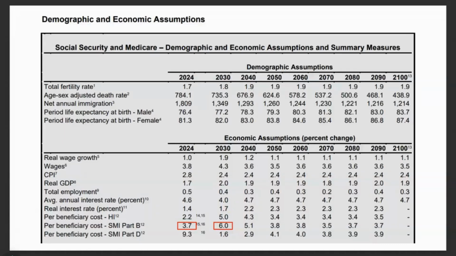Similarly, we saw a big jump in 2024 in drug costs, up 9.3%. Again, expected to fall substantially over the next 70 years. Make one last comment about average annual interest rates. You can see there where it says average annual interest rate 4.6% for 2024.